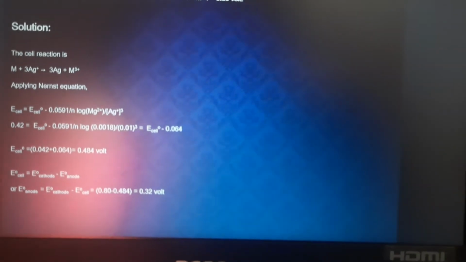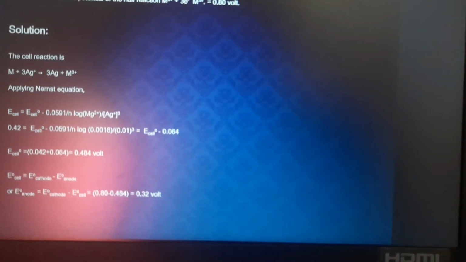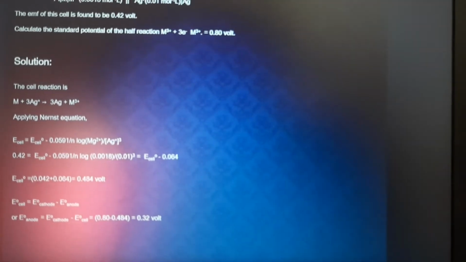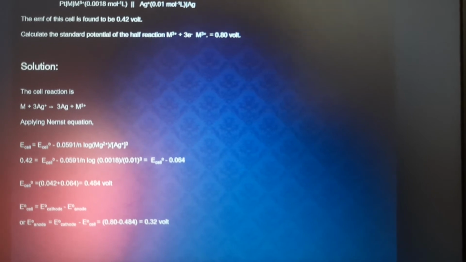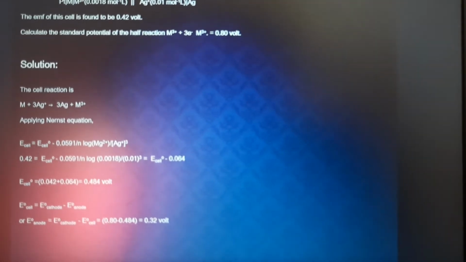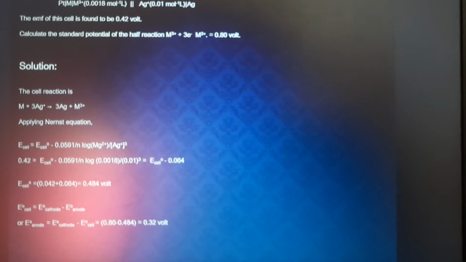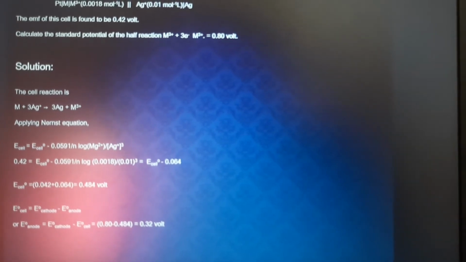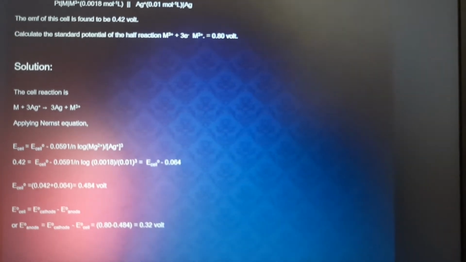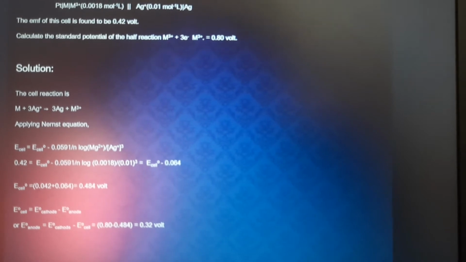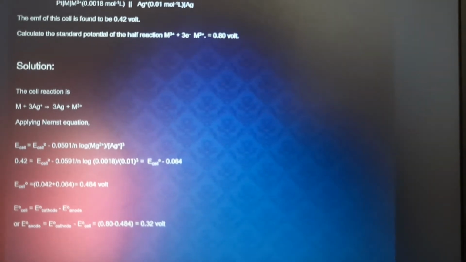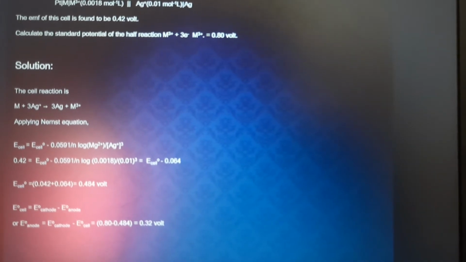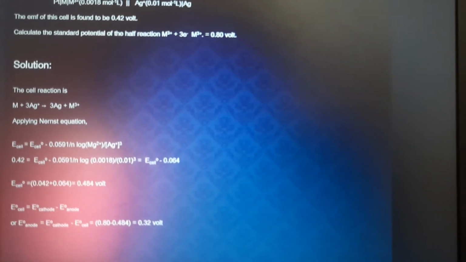So E naught of anode is currently present here. So this is the value of E naught. Okay, so E naught is the standard cell potential of the following reaction. Okay, so we have to determine the standard potential of the half reaction given in the question, that is M3 plus 3 electron that turns into such type of reaction.